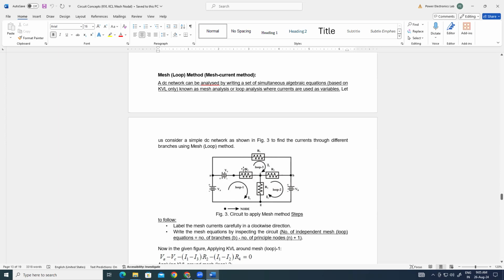To apply KVL, the elements and sources are there. In every branch you can see some sources and some elements. For simplicity, we have taken a resistive element, so only resistors are there in this circuit.